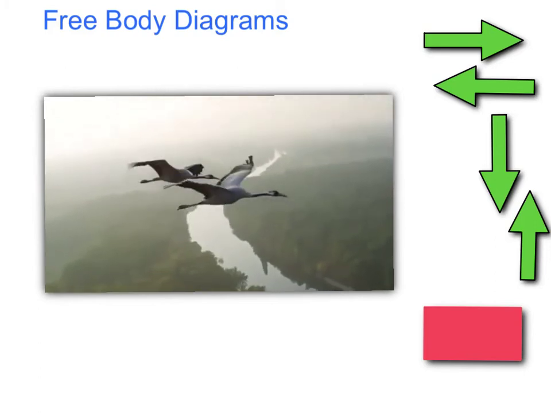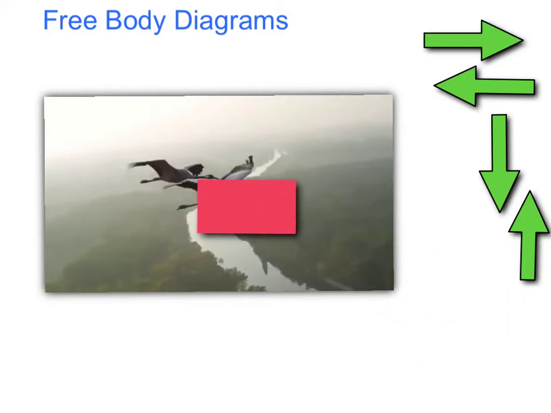Let's stop it, and let's go ahead and create the free body diagram for one of these birds. So just FYI, I'm going to put the box over there. Is it going to be 2 forces acting on the object or 4 forces? You got 1 minute, and please, teachers, at this moment, stop the video.